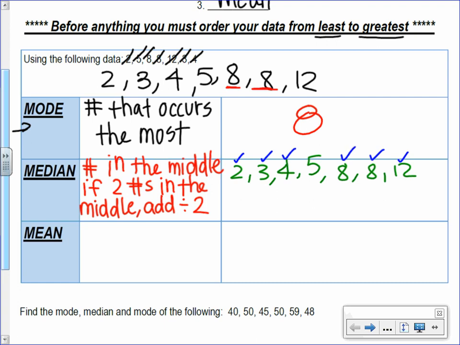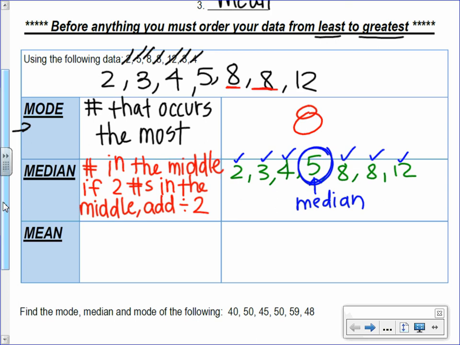I have 3 check marks on this side, 3 check marks on this side, with 5 being in the middle. So my median is 5, because it's the number directly in the middle. Now remember, you can pause this as many times as you want, go back and watch it as many times as you want. So 5 is in the middle.